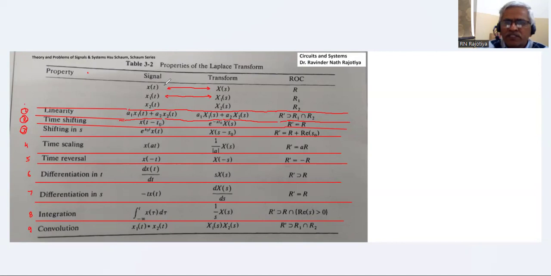The third signal is x2(t), for which the counterpart in the S domain is X2(s). Accordingly, the regions of convergence are R1 and R2.